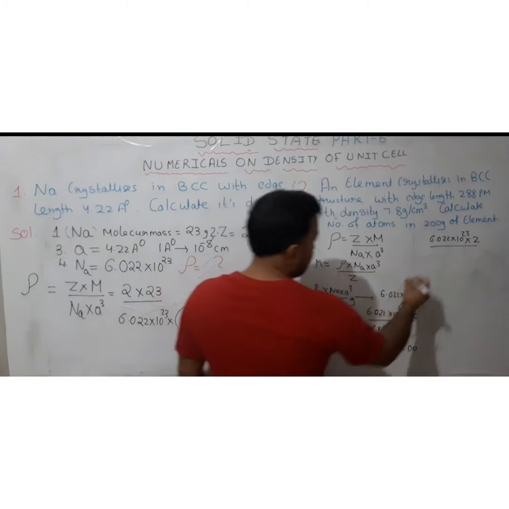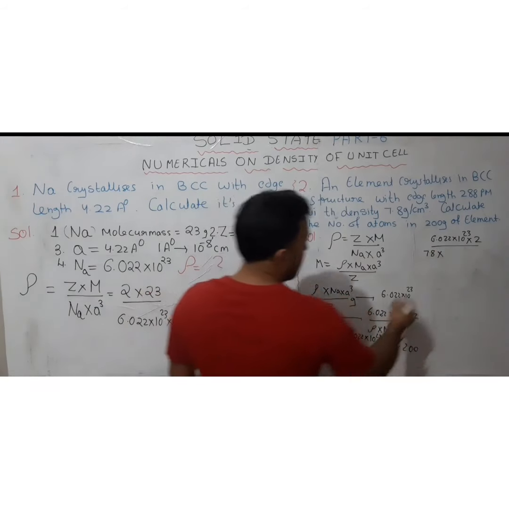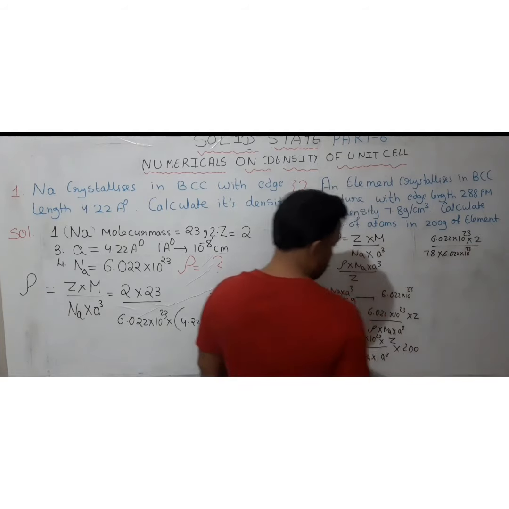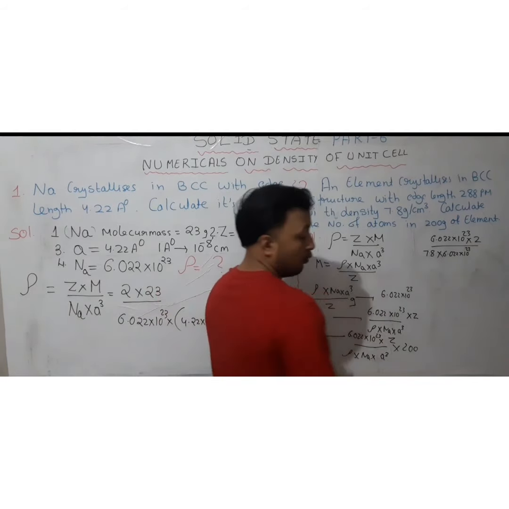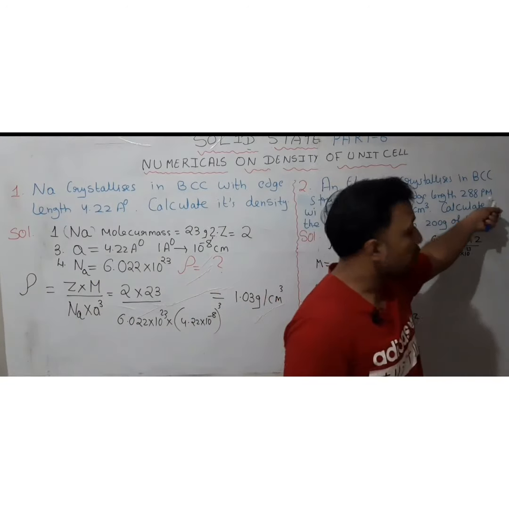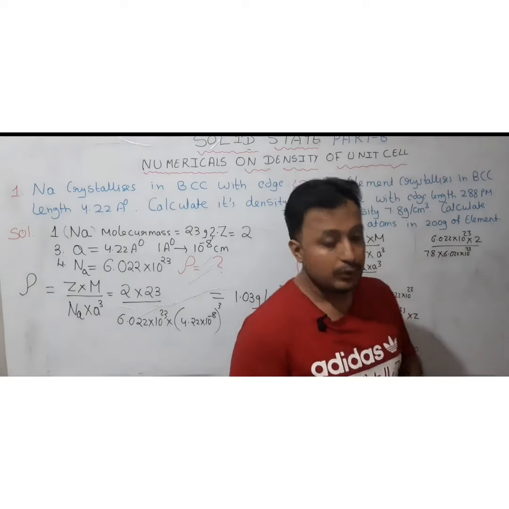Then density, which is given as 7.8, then Avogadro number, which is 6.022 into 10 raised to power 23, then edge length. Now the edge length is given in picometer, that is 288 pm. So we need to convert this pm into cm.